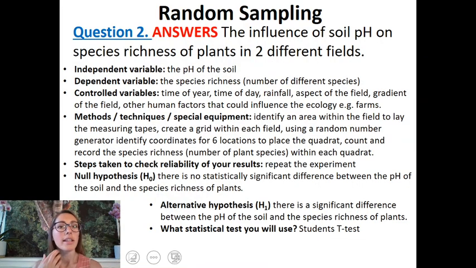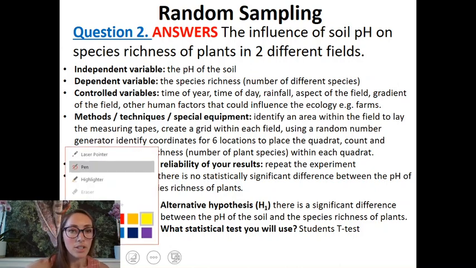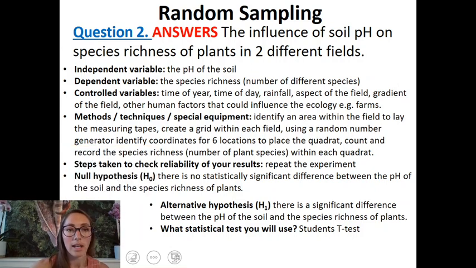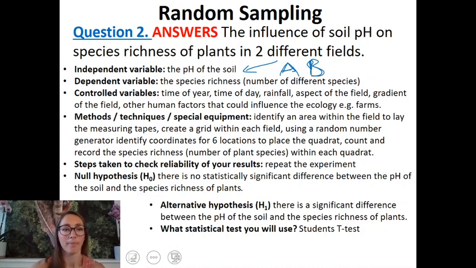So answers to that sheet then: the independent variable here is the pH of the soil. We've got 2 different fields, so field A and field B, and maybe we have identified that field A has a certain pH of the soil compared to field B. Dependent variable, so the species richness is what we're going to be measuring.